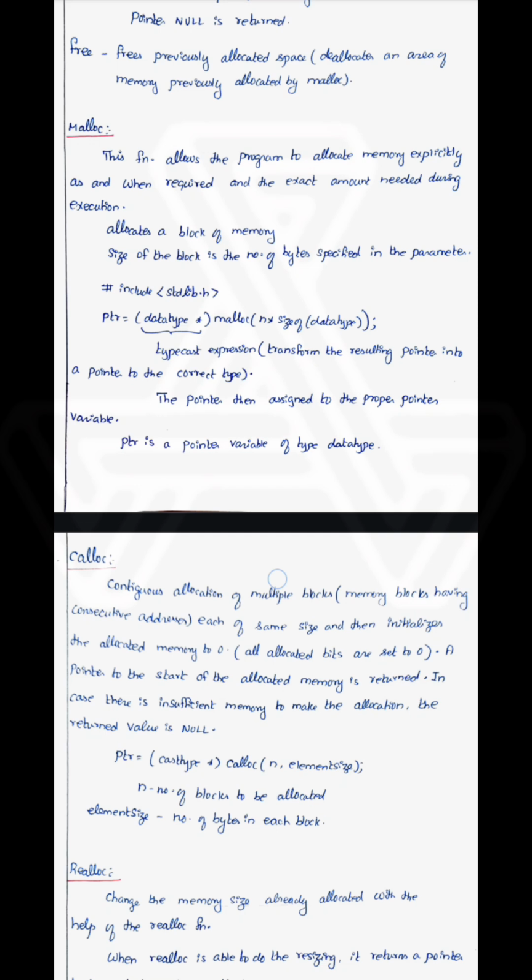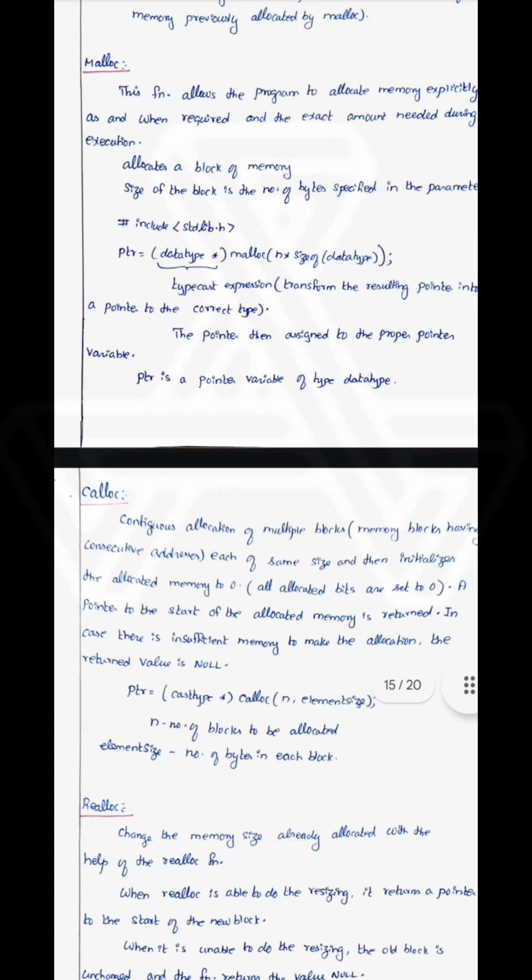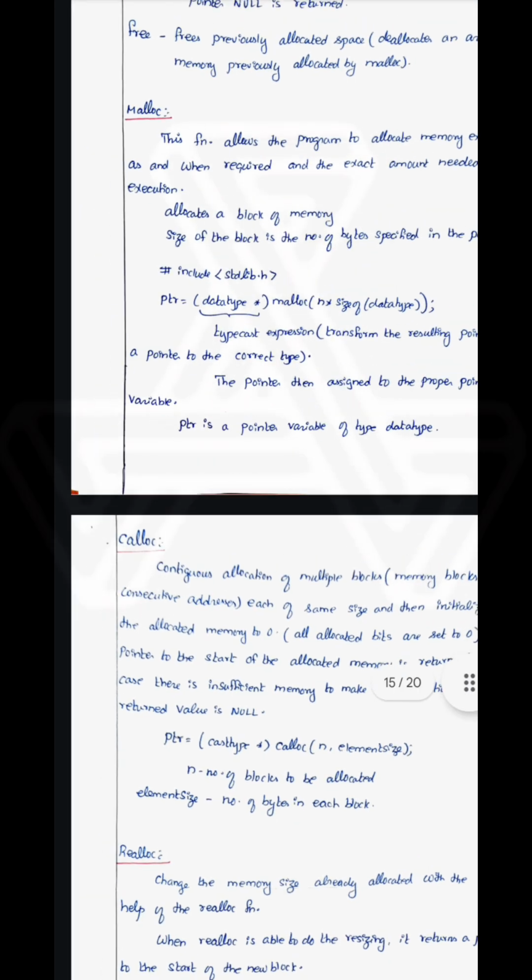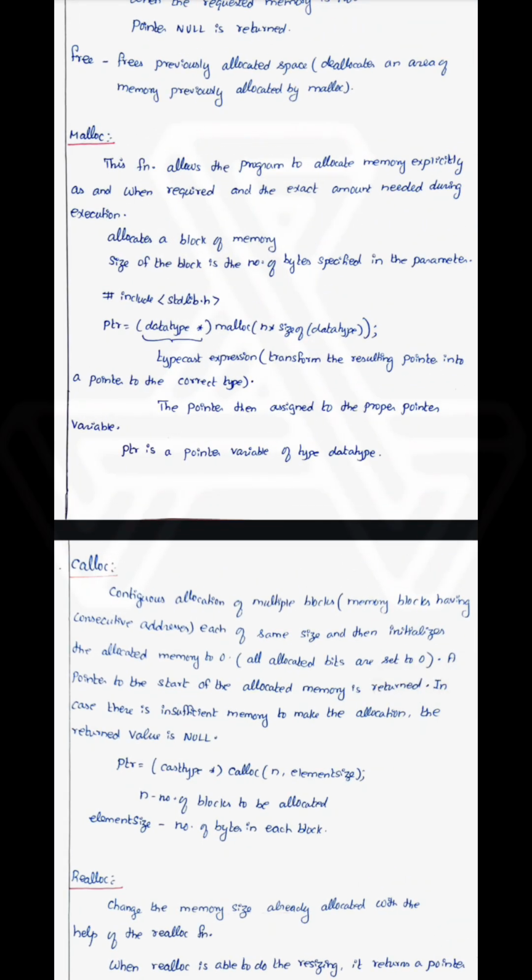Syntax: ptr = (data type *) malloc(n * sizeof(data type)). The typecast expression transforms the resulting pointer into a pointer to the correct type. The pointer is then assigned to the proper pointer variable. ptr is a pointer variable of type data type.